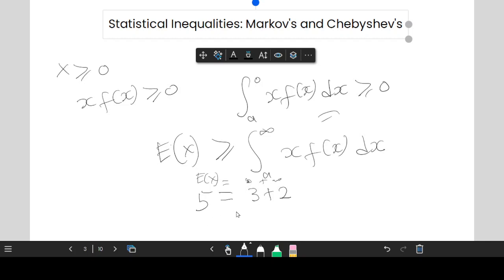So if we are saying that we want to remove this guy out of the equation, then 5 will obviously be greater or equal to 2, because if they are all positive, look at it that way. So expectation of x is greater or equal to the other expectation.